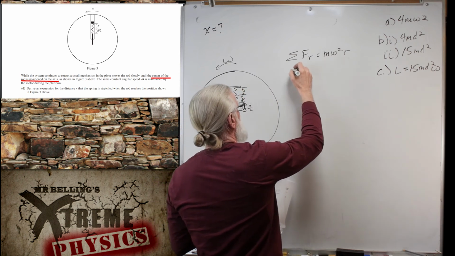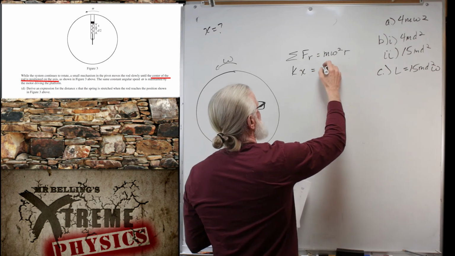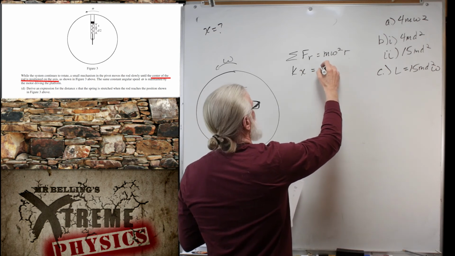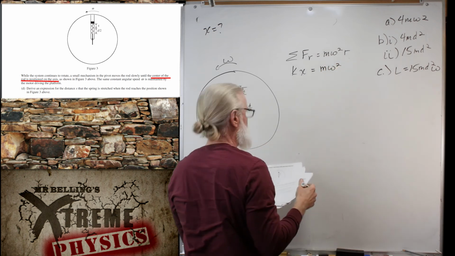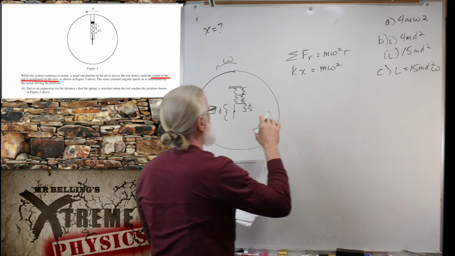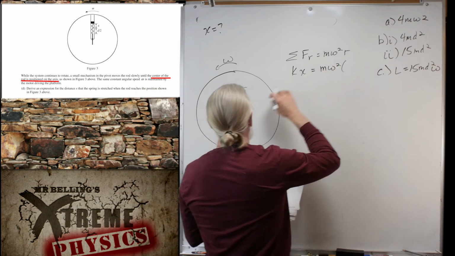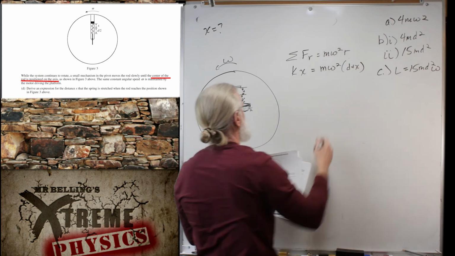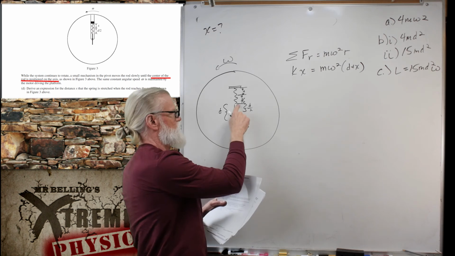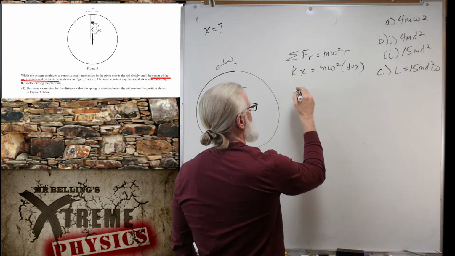We've got the force of the spring, which is kx, equals m omega squared, and now what's R? R is now d plus x, because we've got d over 2 plus d over 2 plus x. So that's our R, and we want to know what x is.